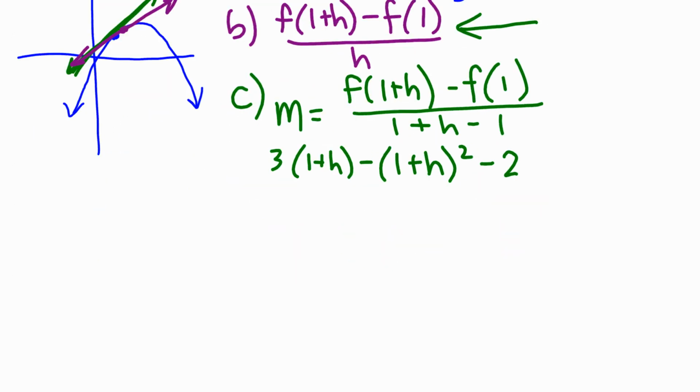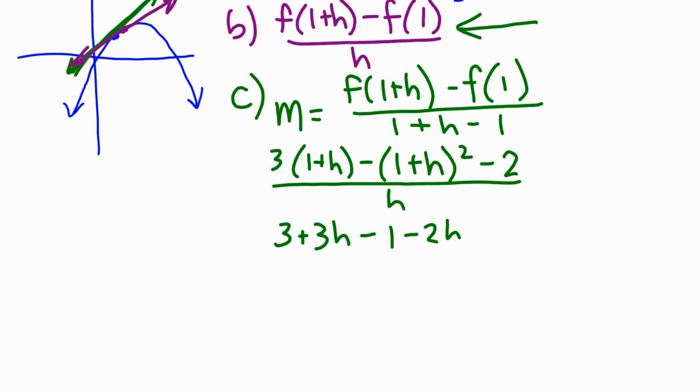All right, continuing on here. And remember, that's all over h. 3 plus 3h minus, I'm going to go ahead and distribute my negative and the parentheses here. So it's 1 minus 2h minus h squared minus 2. Again, all over h.